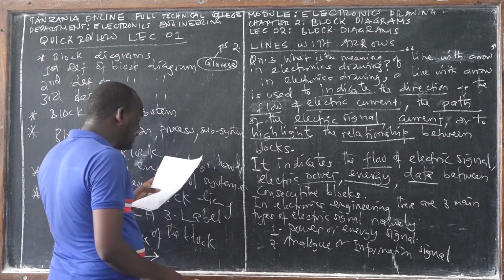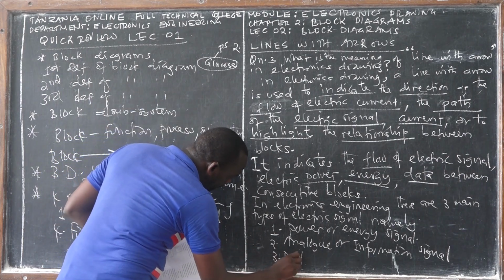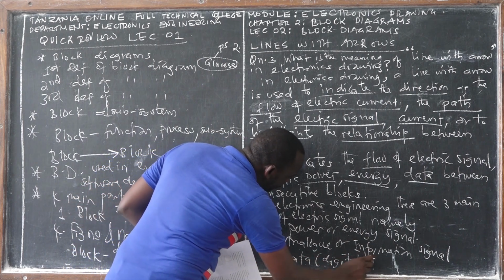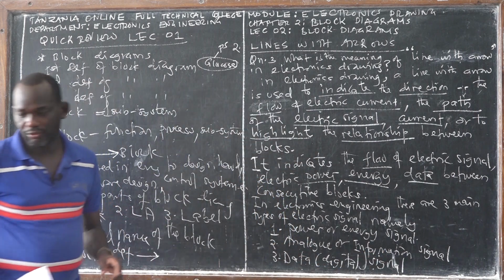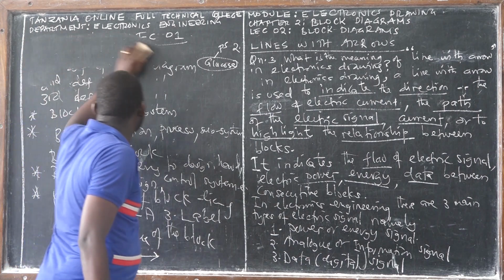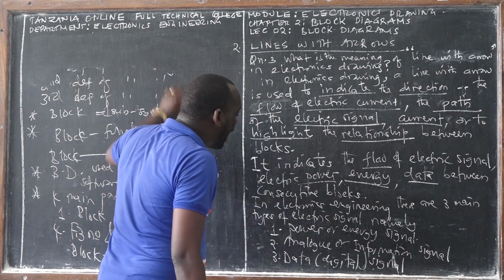Then, the third type of signal is called the data signal. Or in brackets, you can call it the digital signal. You have to understand this for the rest of your life in electronics and telecommunication engineering. Class, say power or energy signal.